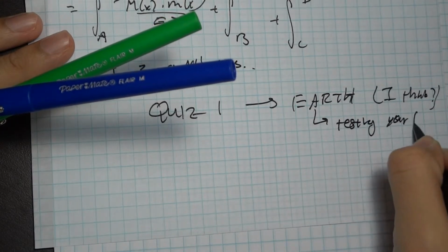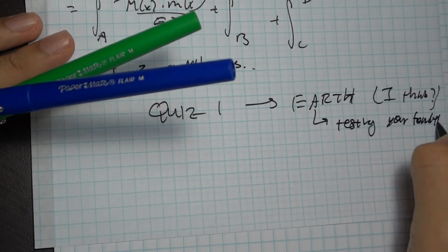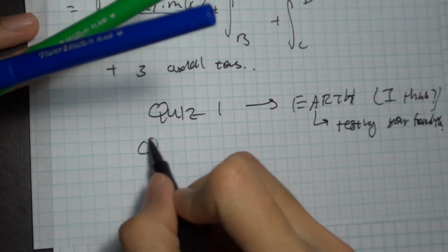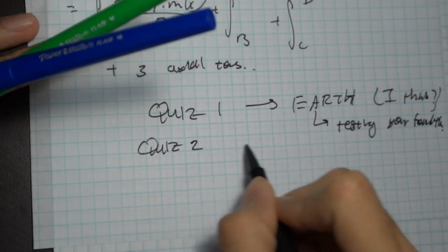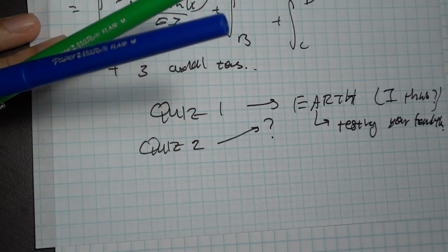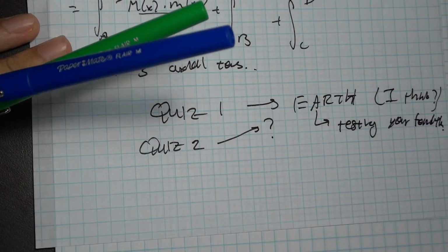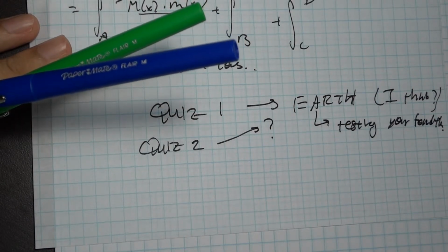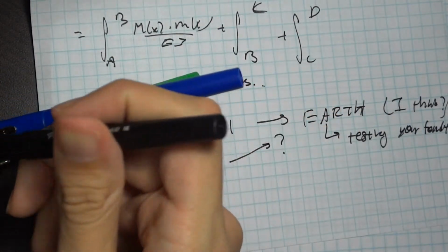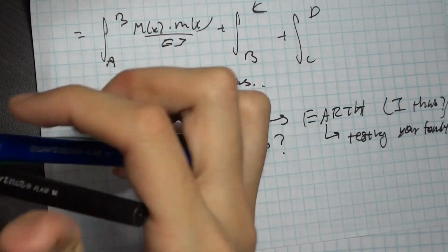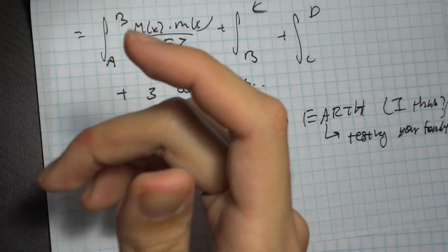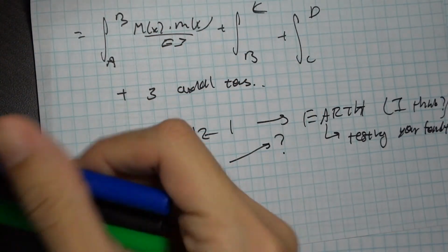And then I don't know if quiz 2 is going to be similar or not. It could be testing your foundations again, in which case you'd have a lot of conceptual questions. But you haven't had that many conceptual questions for the homeworks since the exam, so I'm not really sure how that's going to go. But yeah, we'll see what happens.